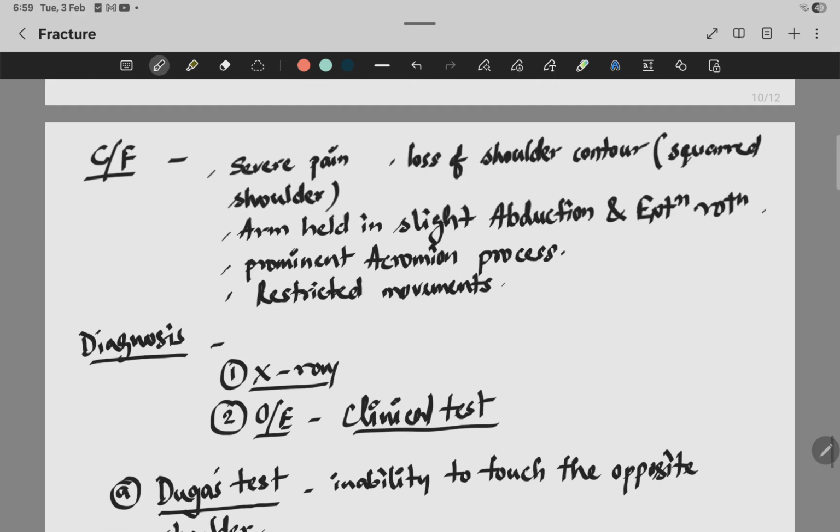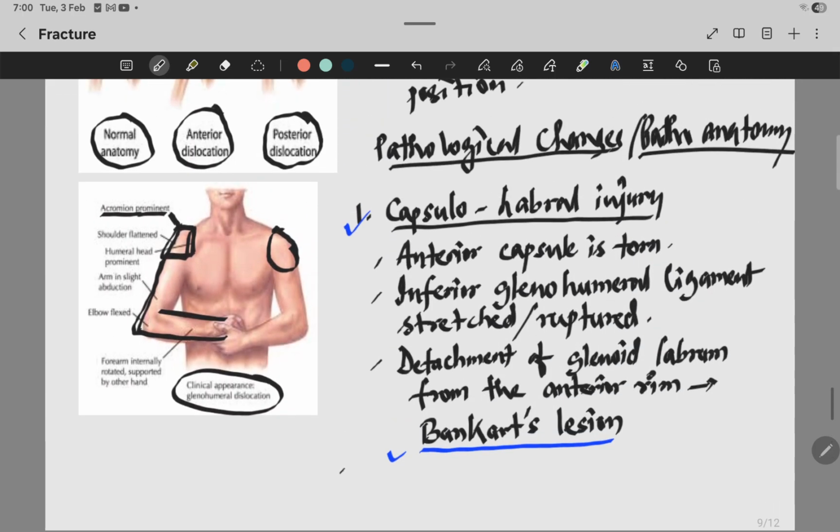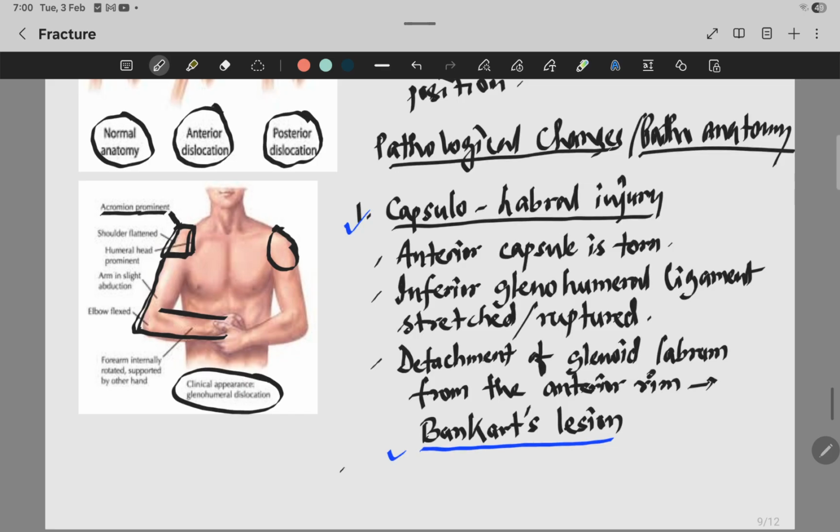See, in the Hamilton ruler test, one ruler is placed here. When the ruler touches both the acromion process and the lateral epicondyle of the humerus, then the test is positive.